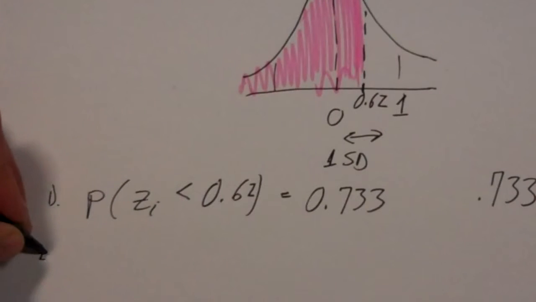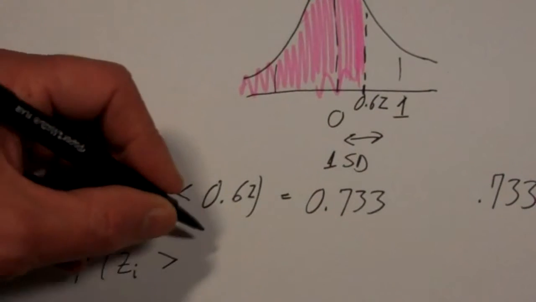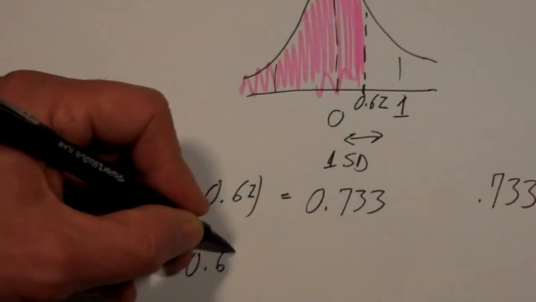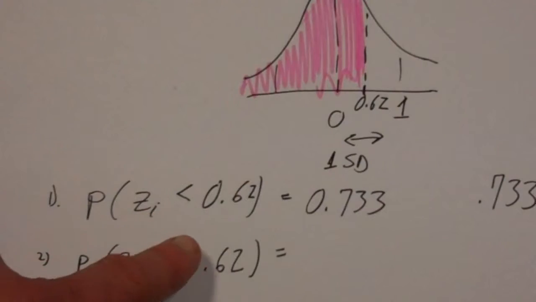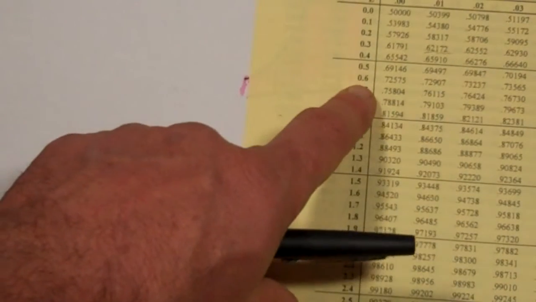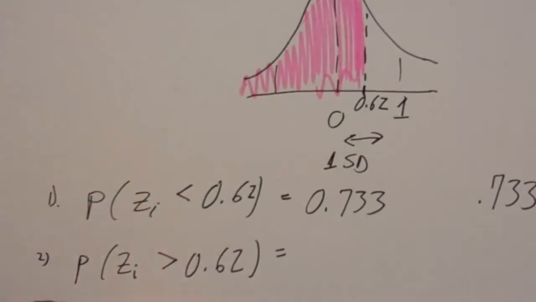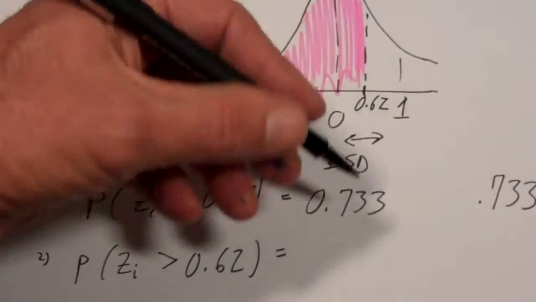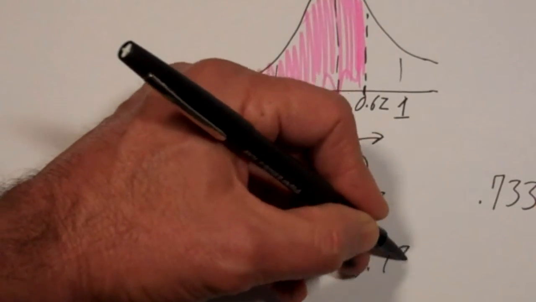If, however, you wanted to find the probability that zi was greater than 0.62, you'd find the critical value the same way. You'd go down to 0.6 and then go 0.60, 0.61, 0.62, so it's about 0.733. But since that gives it to the left, and in this case we want it to the right, then it would be 1 minus that value, 1 minus 0.733.